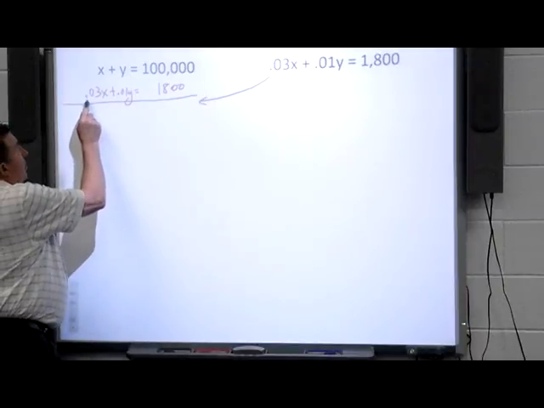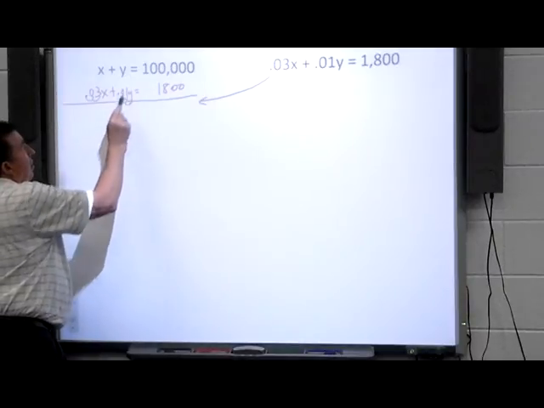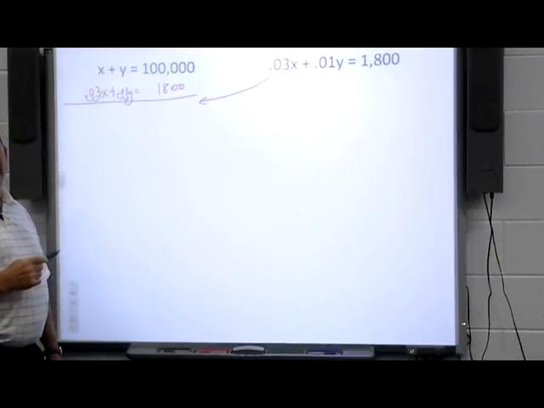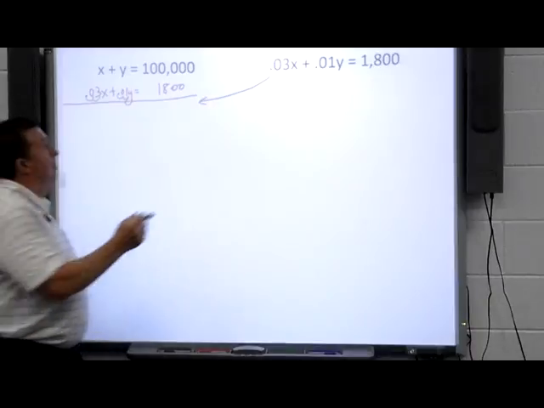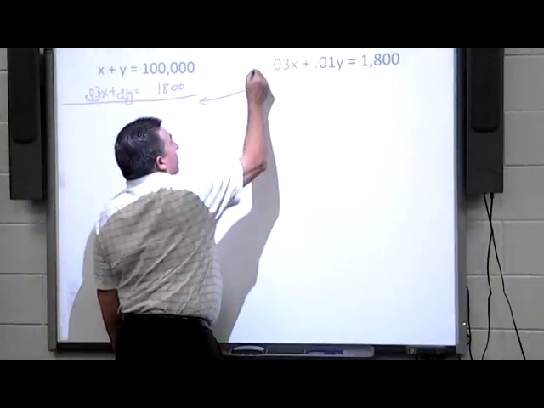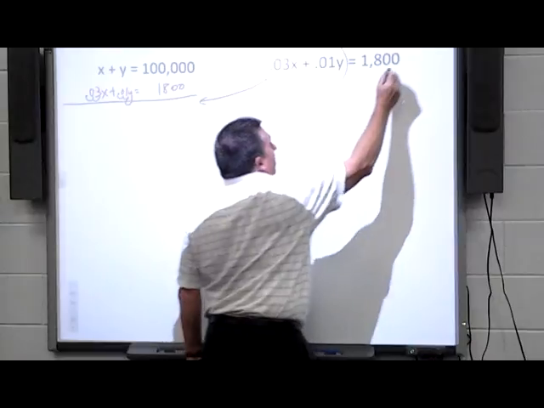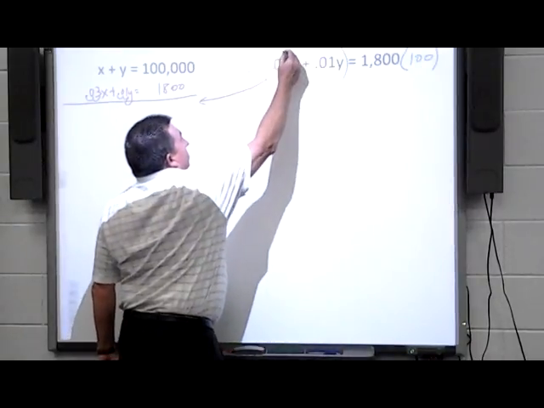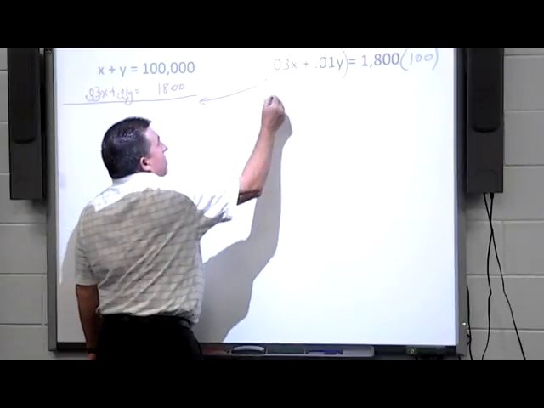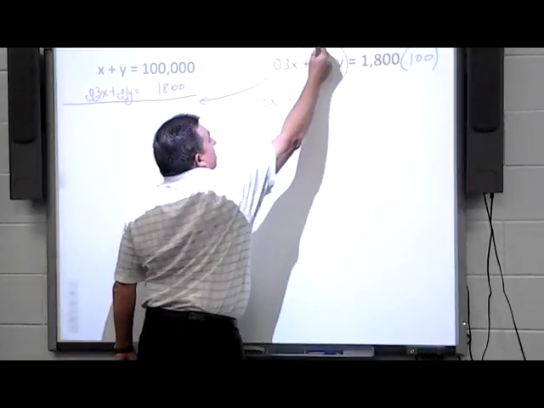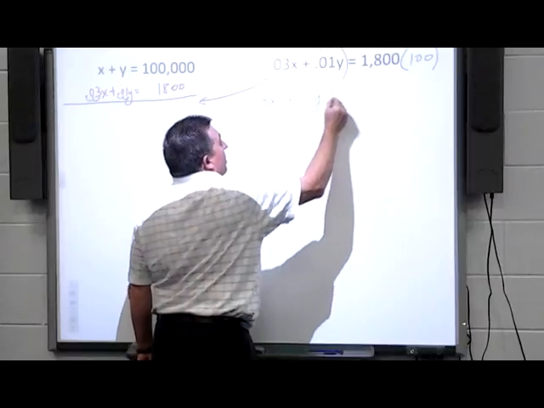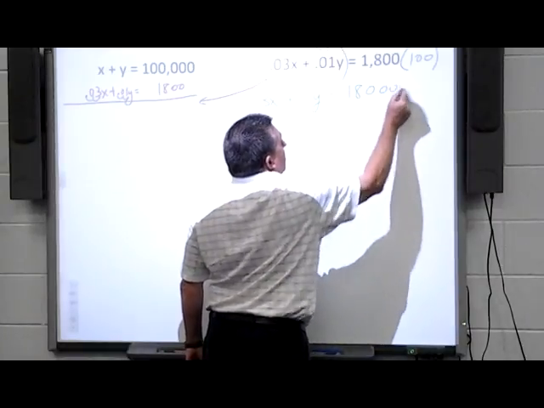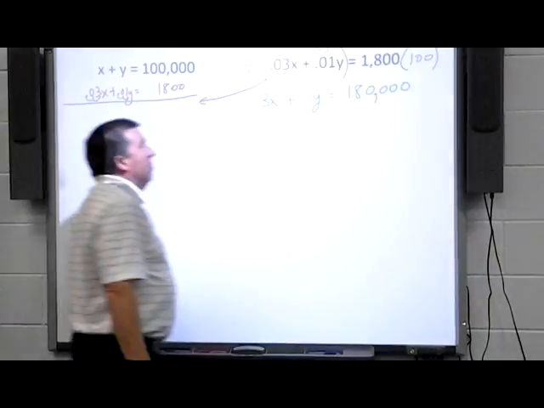If you'll notice, both of these decimals are in hundredths. So I'm going to take the bottom equation and multiply it by 100 on both sides. I'm going to distribute this and I'm going to get 3x plus 1y equals 1800 and 2 more zeros, 180,000.